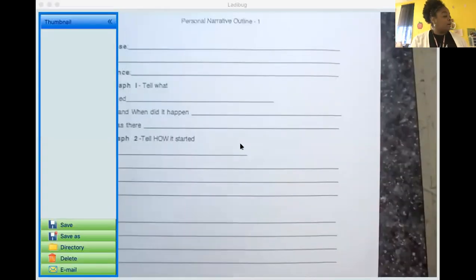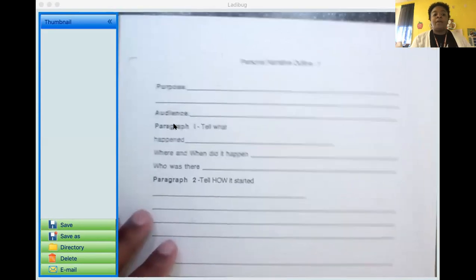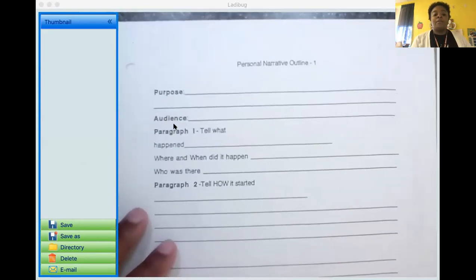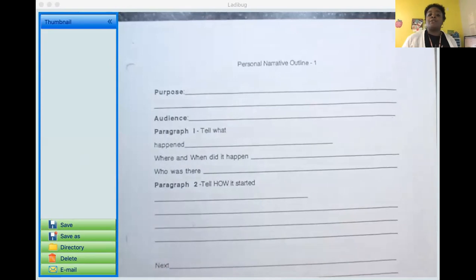All right, guys, so today I'm going to model for you what your outline should look like, okay? A few sessions ago, you guys already told me the purpose of a personal narrative.